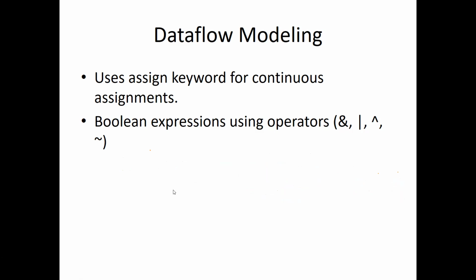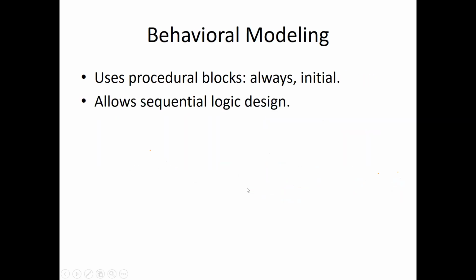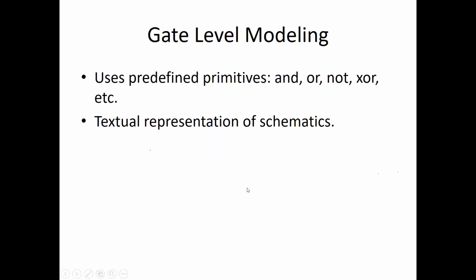Now we go for gate level modeling. Gate level modeling, as I said, is used when you have the schematic for a bigger circuit. You can use gates like the AND gate, OR gate, NAND gate, XNOR gate, etc. Suppose we write for an AND gate.